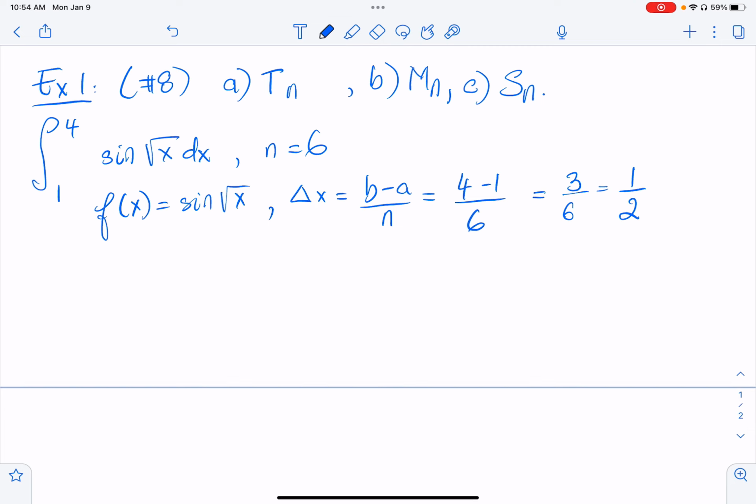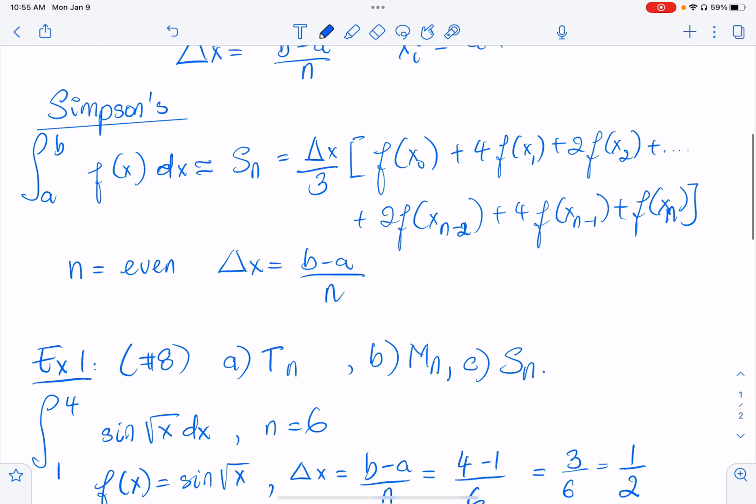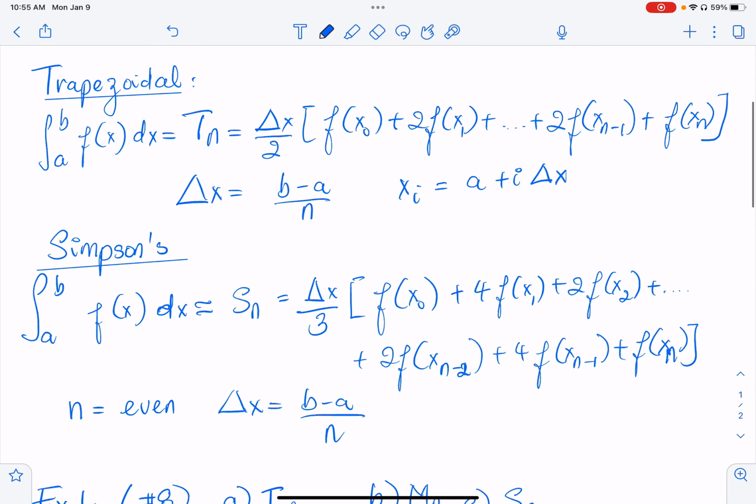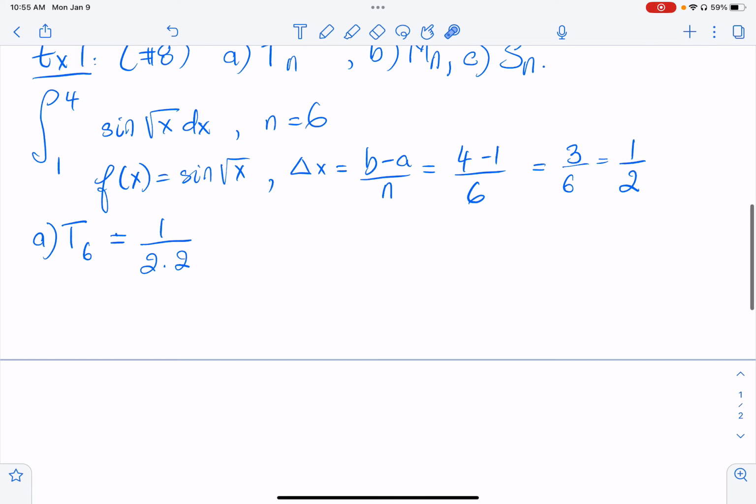So for T6, T stands for trapezoidal. So T6, I have 1 over 2 times 2. See right here, that 2. Okay. So I have 1/2 times 2.